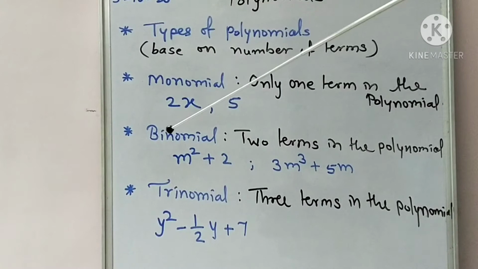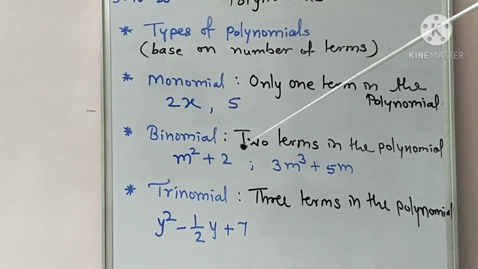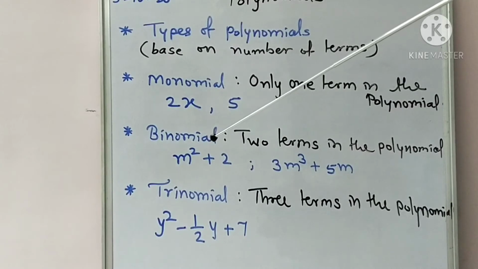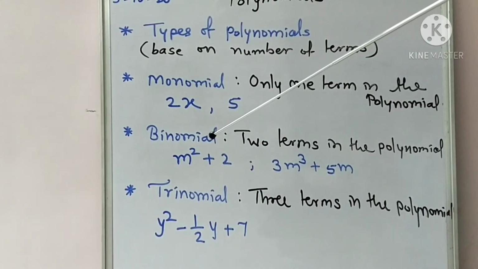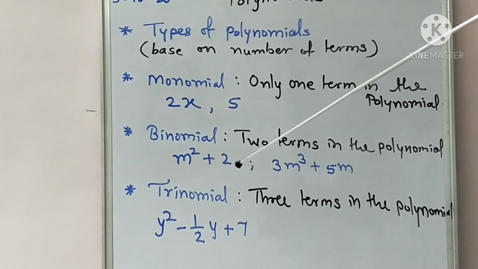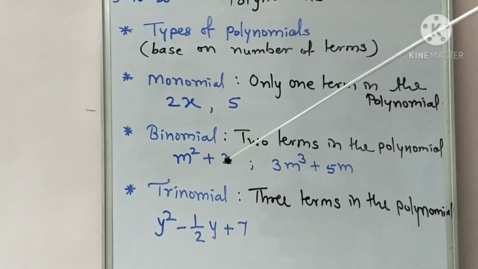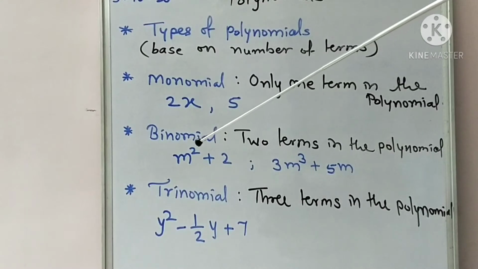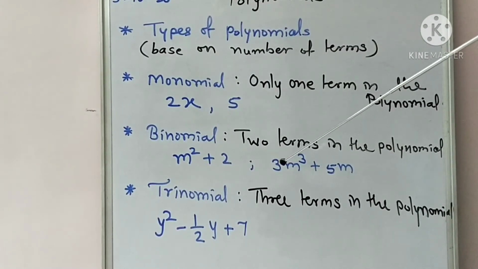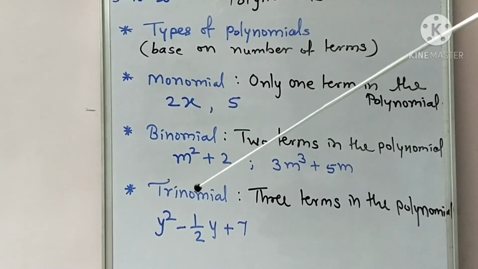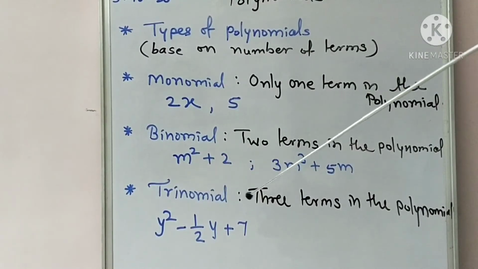Okay, binomial, bi means two. If there are two terms in the polynomial, then it is known as a binomial, like m square plus 2, which has two terms and hence is a binomial, or 3m cube plus 5m. Okay, trinomial, tri means what?